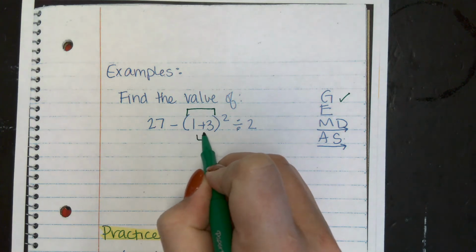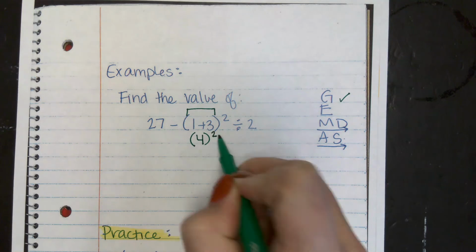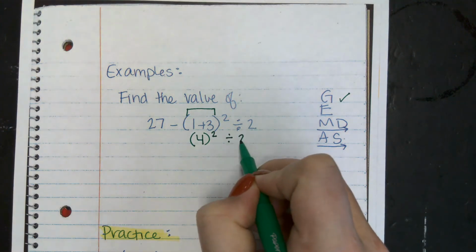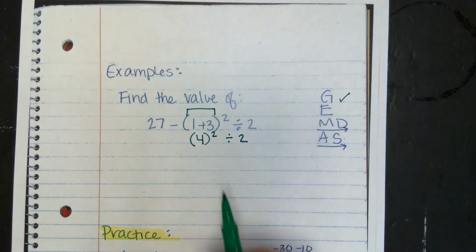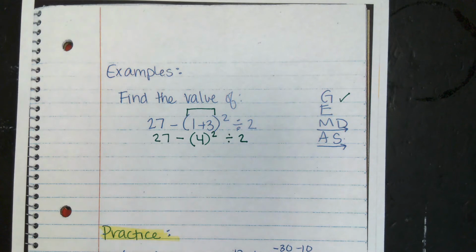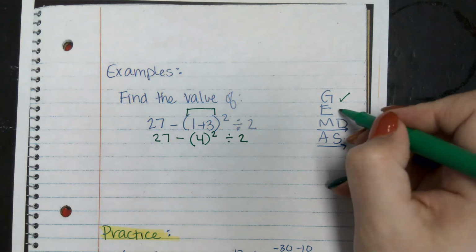I'm going to keep it in my parentheses and put the squared around it. I'm going to bring down the divided by 2. And now I'm going to bring down the 27 and the minus. So I am simplifying my expression as we go through and identify each piece.